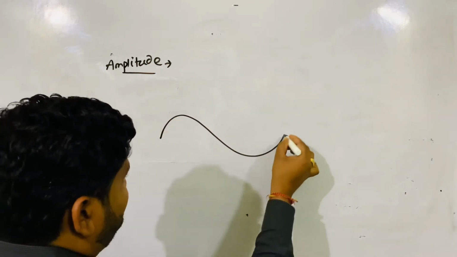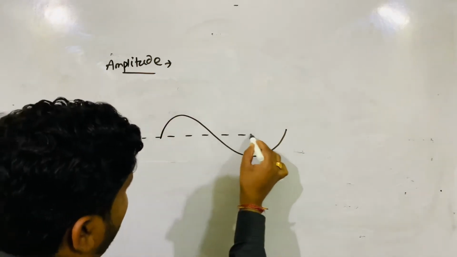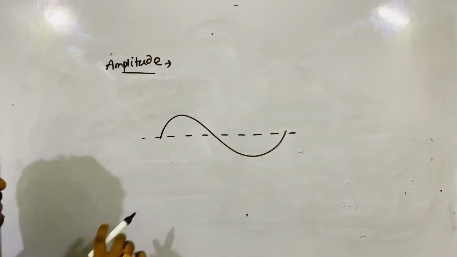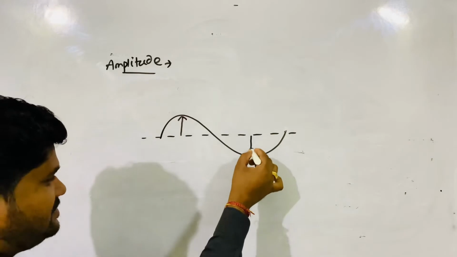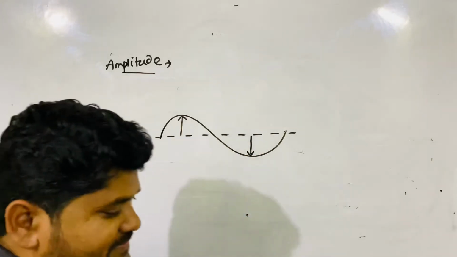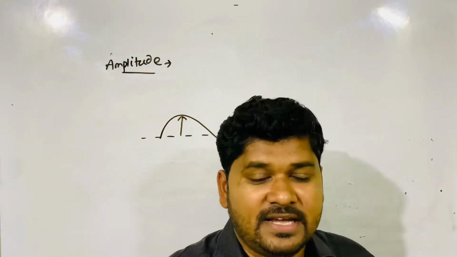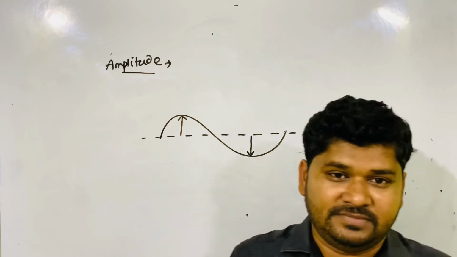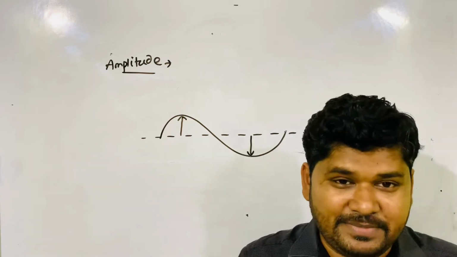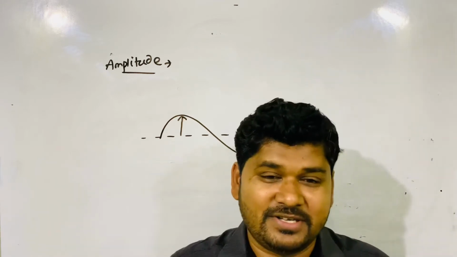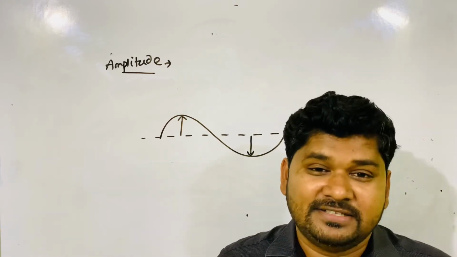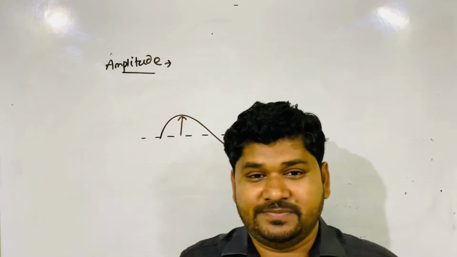If this is the wave and this is the equilibrium line, the particles are here in equilibrium position, but the maximum displacement on either side is called amplitude. Amplitude is measured in meters or centimeters. So this is the amplitude.